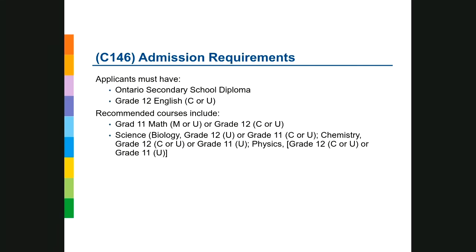So the admission requirements for the 2-year diploma are an Ontario Secondary School diploma and grade 12 English. Recommended are math and science courses. These are not required. However, we are behavioral sciences, and so having some understanding of how science works, the process of science, the importance of data can help.